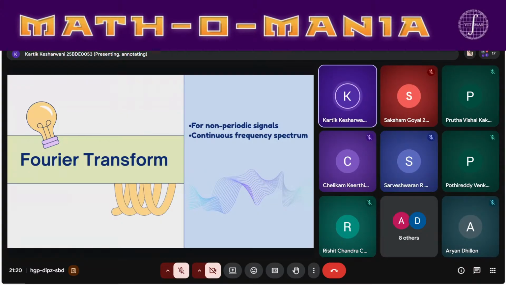This means the signal can contain infinitely many frequency components. What the Fourier transform does is it tells us how much of each frequency is present in the signal. It converts the signal from the time domain into the frequency domain, giving us a completely different way of looking at it.